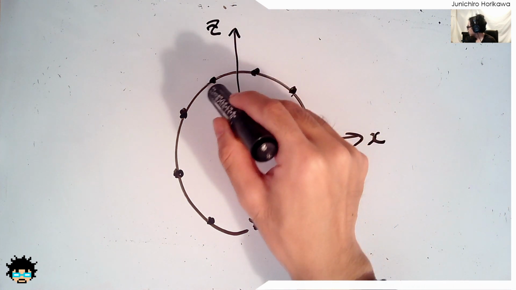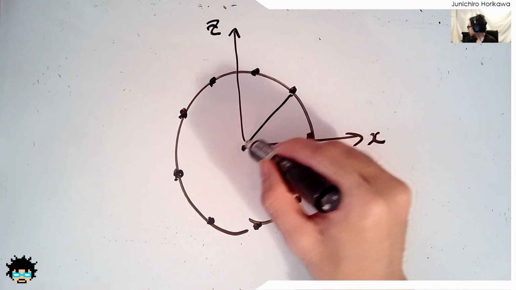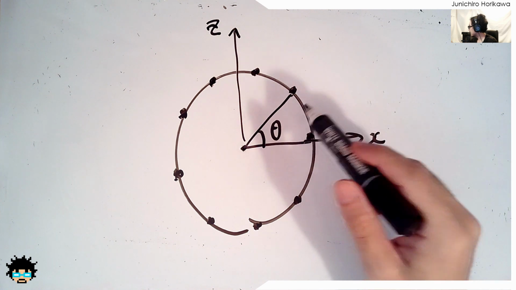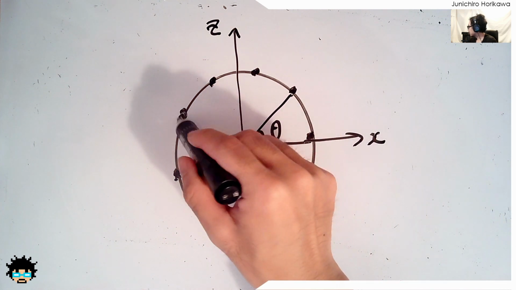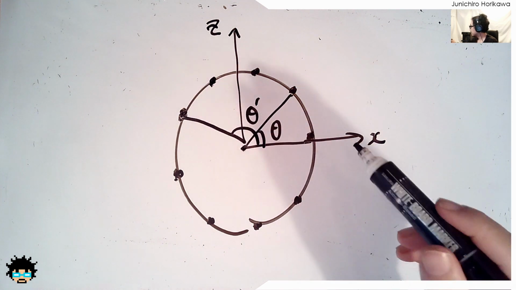And in order to get these point positions, what you need is just an angle from the center point, which is equal to theta right here. So if you want to get this one, then what you need is this angle right here.